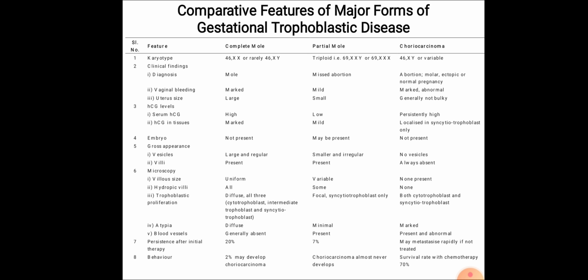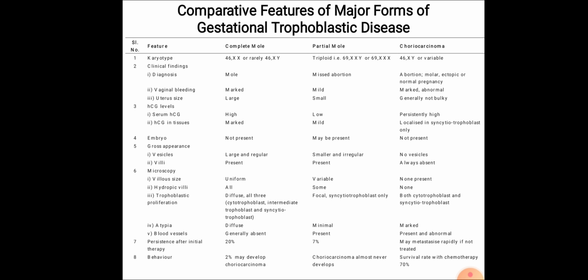Trophoblastic proliferation is diffuse, and all three, that is cytotrophoblast, syncytial trophoblast and intermediate trophoblast, are seen in complete mole, whereas it is focal with syncytial trophoblast only in partial mole. And choriocarcinoma has both cyto and syncytial trophoblast.